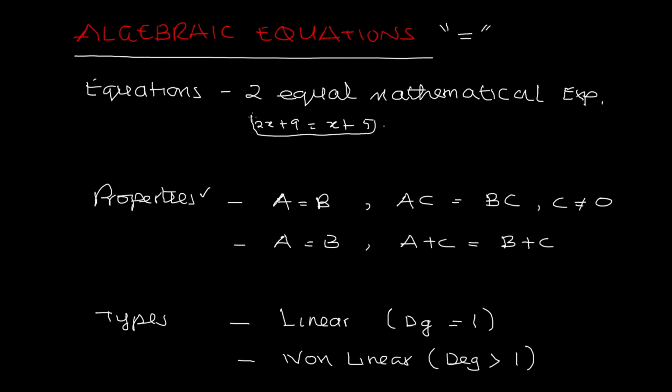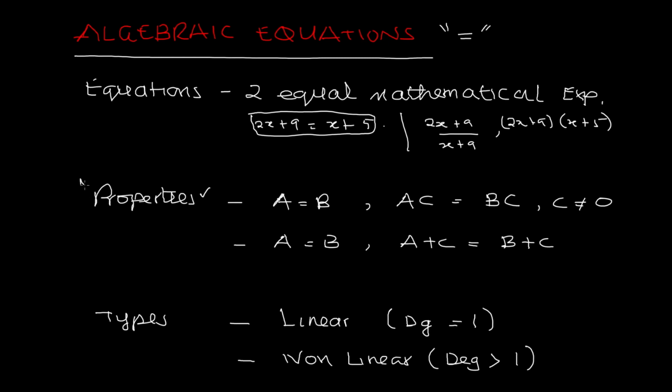So that would be an equation, whereas an expression would be something like 2x plus 9 over x plus 5, or I could be multiplying these two: 2x plus 9 and then x plus 5, like that. So these are expressions, and this one is an equation.